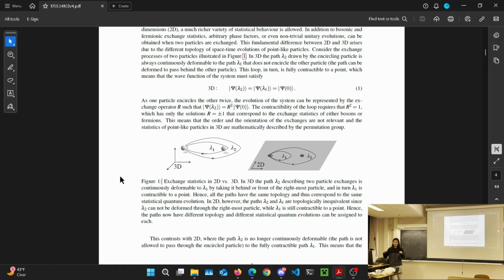So if a particle is going here and then you go back around, the path traces a loop, and you can shrink that to a point, which is like it not having moved at all. While in 2 dimensions, if you go around and back again, you try to shrink the loop down, you can't do that because it'll cut through the particle. So they're topologically different.